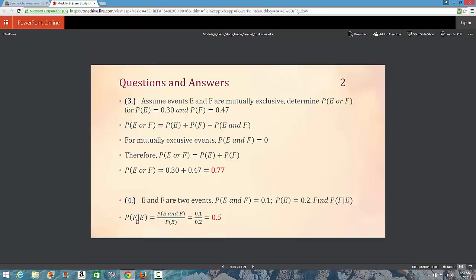This is the probability of F given E. So you are already given E, and you want to find F. So the event E is the one given, not event F. So you have to write the probability of event E because it's the one given. That is what you write as the denominator. So that will make you remember it, or you say the last one here. And when you do that, you get 0.5.